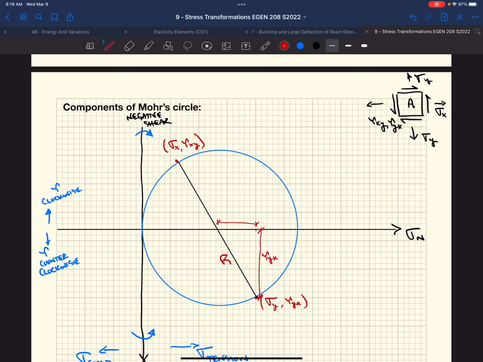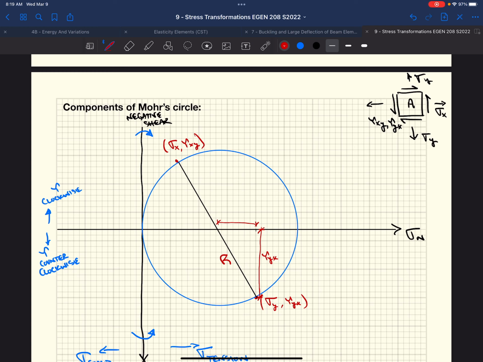We plot these points. And then as we rotate around our Mohr circle, we get to essentially rotate our little block A, and we're looking at what's happening at any given rotation. Some points of interest to us are the maximum shear stress and the maximum normal stresses.